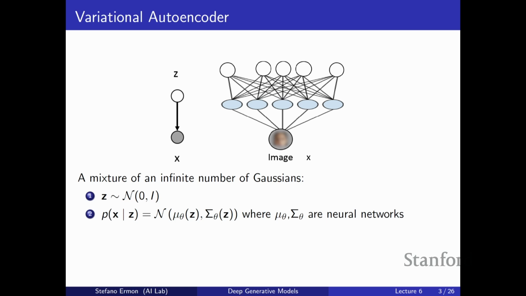Yeah, good question. The question is what's the difference between increasing the dimensionality of Z or adding multiple layers, versus increasing the depth of the neural networks that give you the mapping from Z to X. Both of them would give you more flexibility, but the behavior is very different, because you can make this network as deep as you want, but P of X given Z is still a Gaussian.